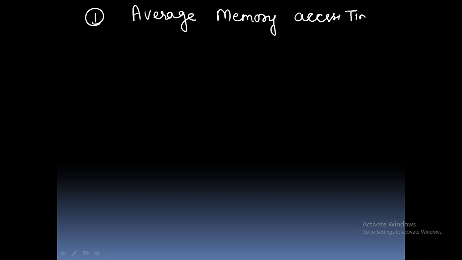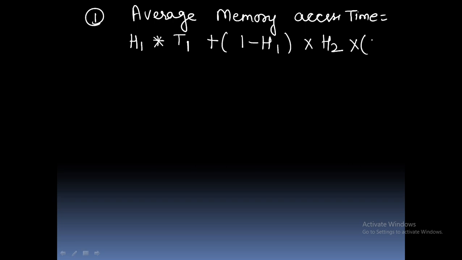So now I am going to solve it. First, we will use the formula for average memory access time, which is equal to H1 multiplied by T1, plus (1 minus H1) multiplied by H2 multiplied by (T1 plus T2).